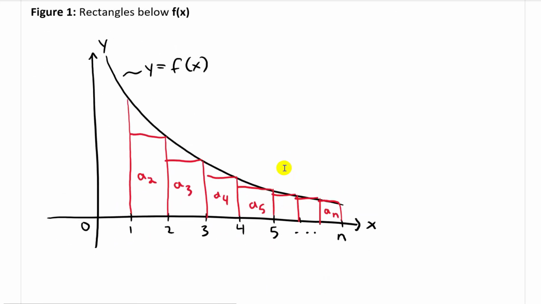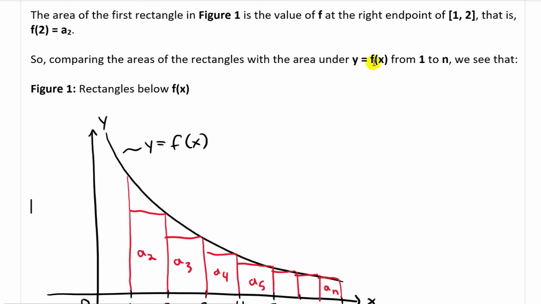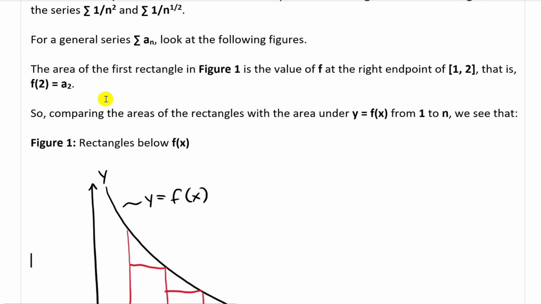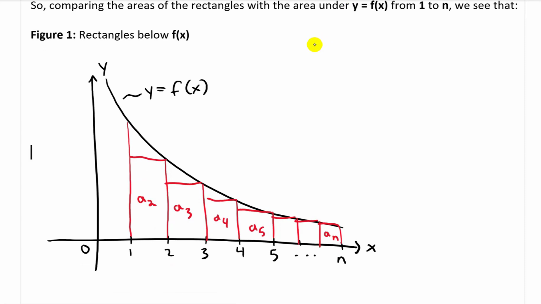Alright, so now I've added some more text here, just shifted around the proof to make it a bit clearer. The area of the first rectangle in Figure 1 is the value of f at the right endpoint of the interval from 1 to 2. The area is the value of f at the right endpoint, because remember, all these widths are 1.